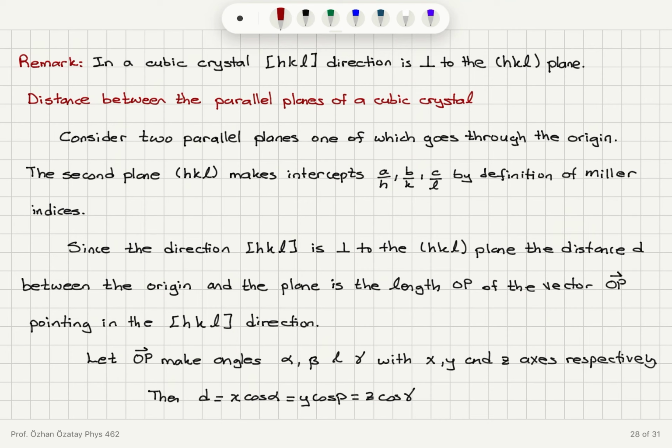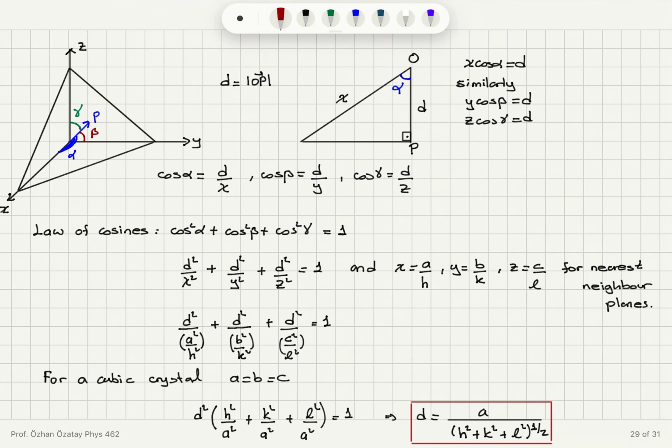Now, what is the distance between the parallel planes of a cubic crystal? Actually, I'm looking at the nearest parallel planes. To find this, let's consider two parallel planes, one of which goes through the origin. One plane is going through the origin.